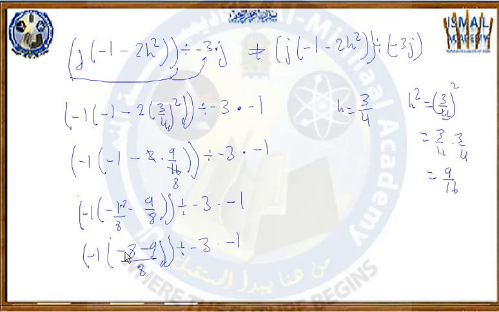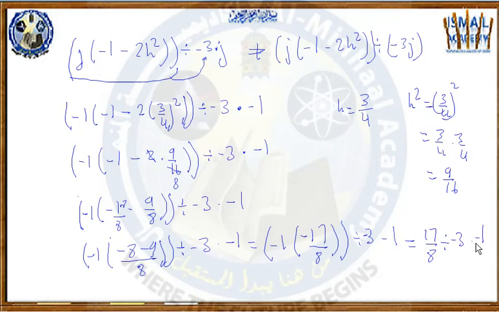Now, minus 8 minus 9 is minus 17 over 8 divided by minus 3 times minus 1. Yes? Now we have minus 1 times minus 17, which becomes positive. So I'll get 17 over 8 divided by minus 3 times minus 1.